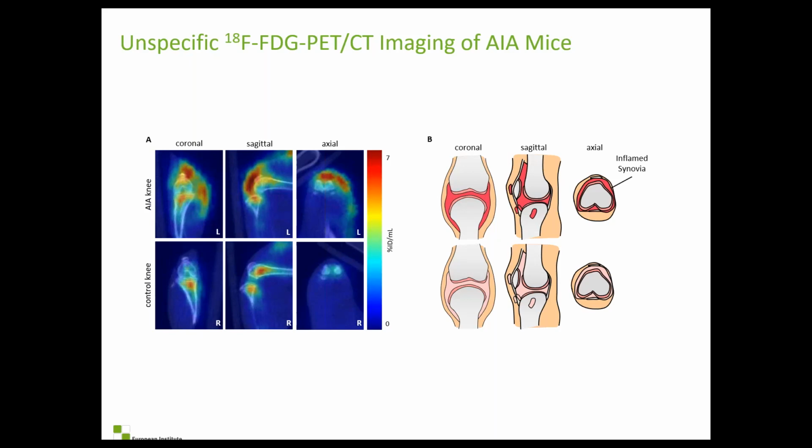And here in the upper row, you can see in the inflamed knees that there is a high concentration of FDG and high signal in the synovia, where we can also see in B, the red part in the schematic view is the synovia, and we can see in the FDG scan nicely that there's an inflammation, which we can't see in the lower row, the control knee.